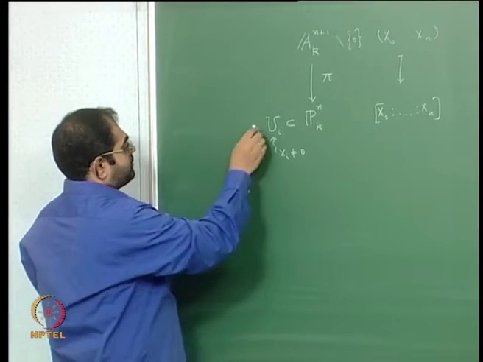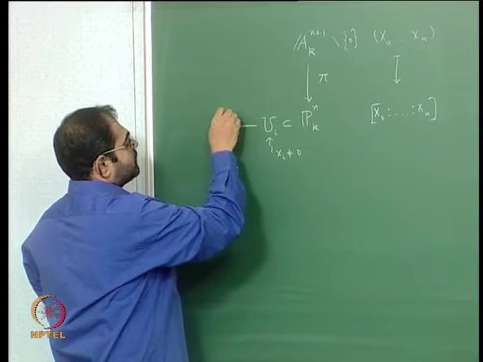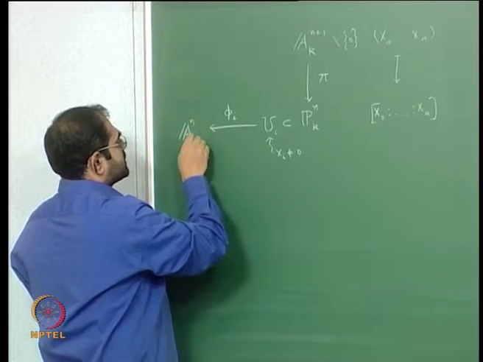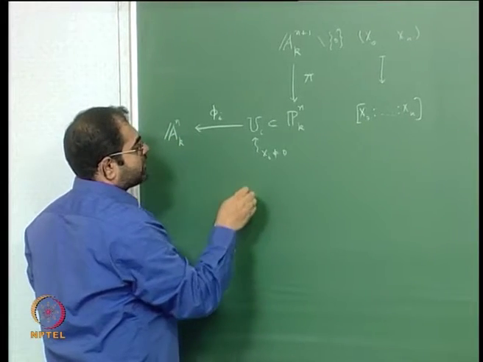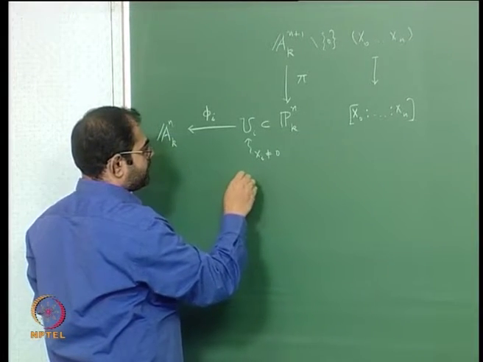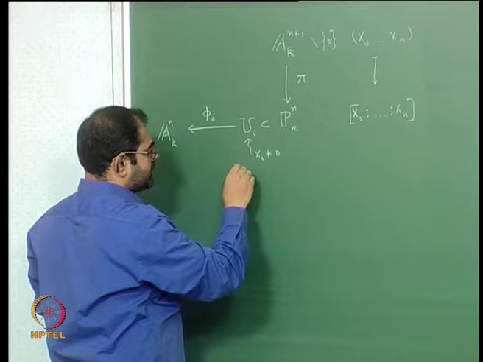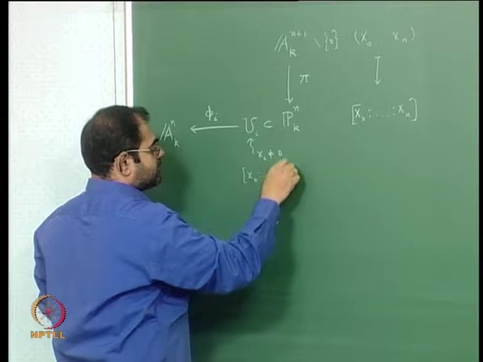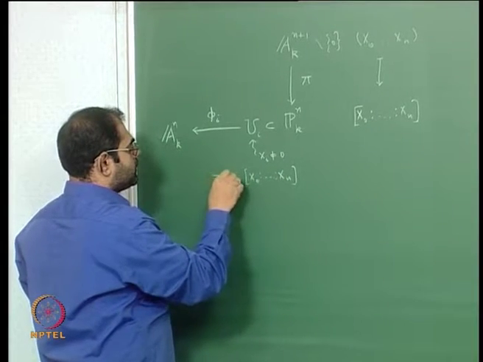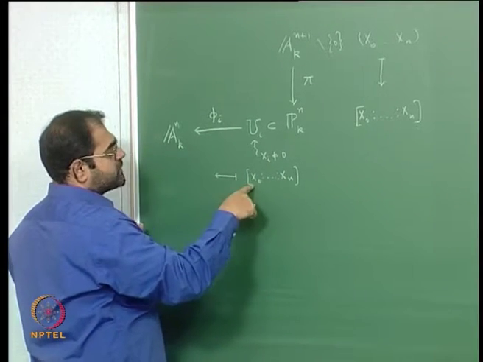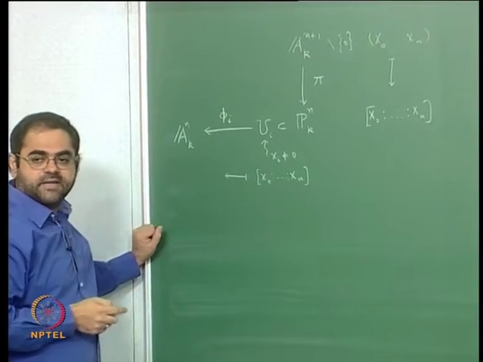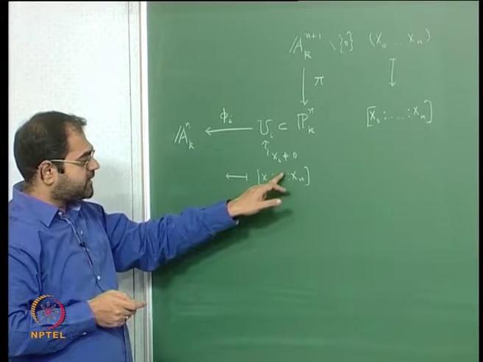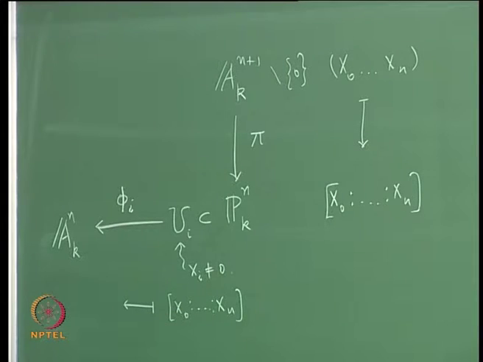But the point is that you have this map phi from Ui to an n dimensional affine space, which is gotten by sending a point with coordinates x0 etc xn to what you do is you divide every coordinate by xi, and then at the entry xi you will get xi by xi which is 1 and you forget it.